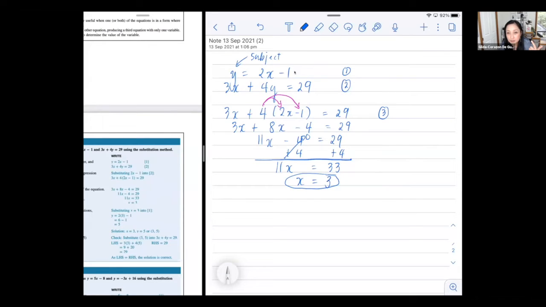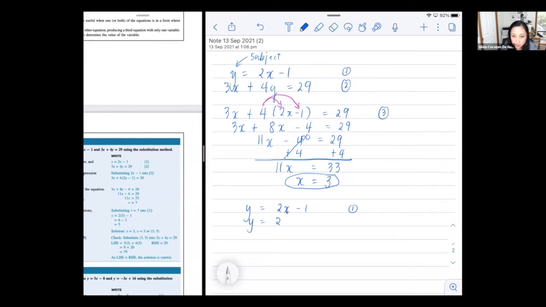But looking at these two equations, if you substitute the x into the first equation, then you would be able to get the y straight away, unlike with the second equation. What do I mean? Let me write the first equation, right? And say that that's the first equation. I would want to substitute the value of x, which is 3, into this one. So now I've got y equals 2 times 3 minus 1, so y equals 5.